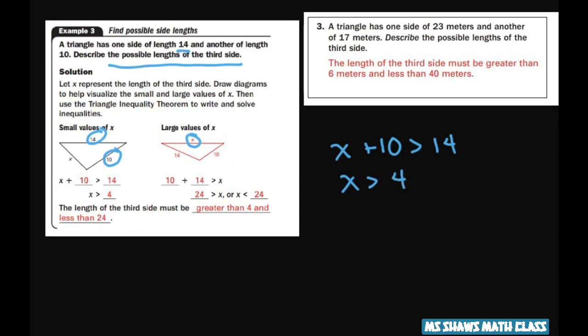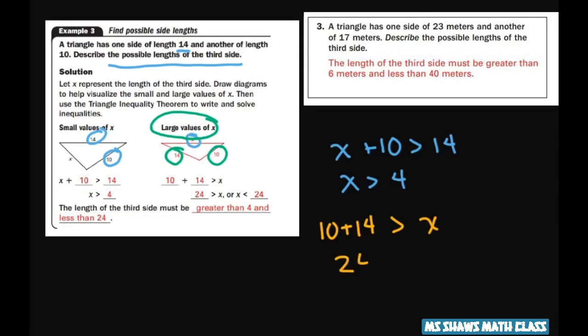And then for this one, we have the large values of x. So you add these two up. And for the large values of x, you say 10 plus 14 must be greater than x.